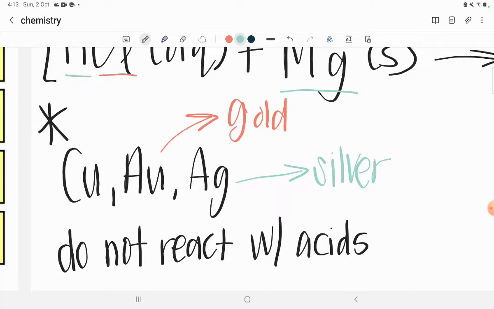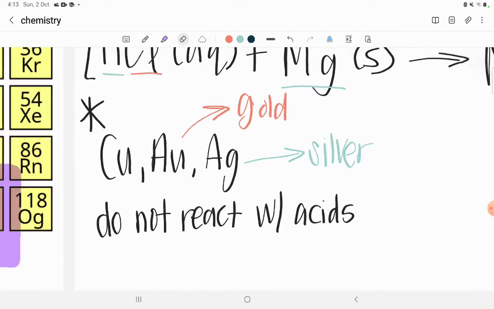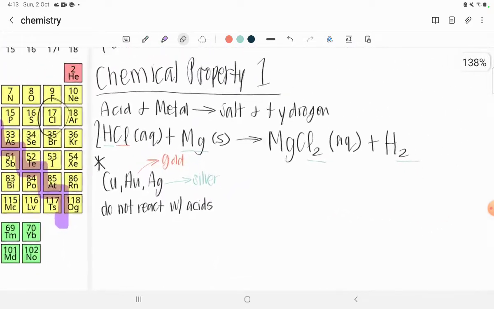They are so unreactive that if you add acid to them, nothing happens. So these three elements do not react with acids. And if they test a question like copper and an acid, it is most likely a trick question. Okay, so that is chemical property number 1.